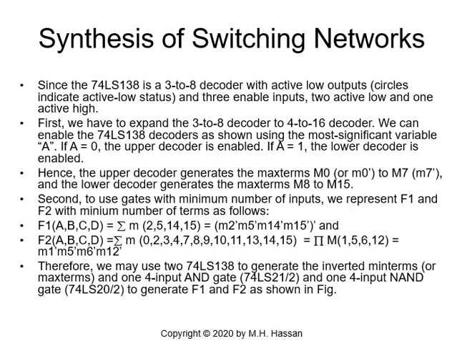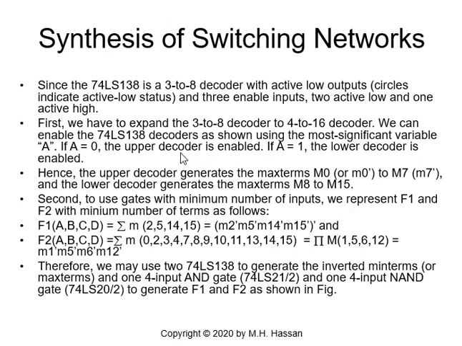So this is the explanation of how the circuit is working. The 74 is a 3 to 8 decoder with active low outputs. The circles indicate active low status, and the 3 enable inputs activate the 2 active low and 1 active high. So first we have to expand the 3 to 8 decoder to a 4 to 16 decoder.